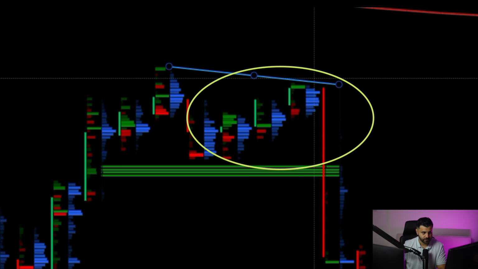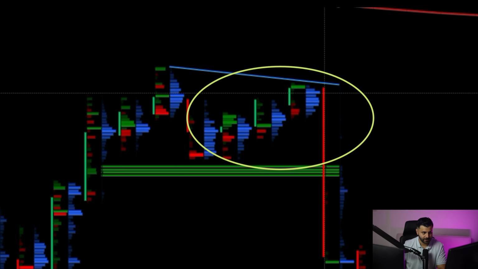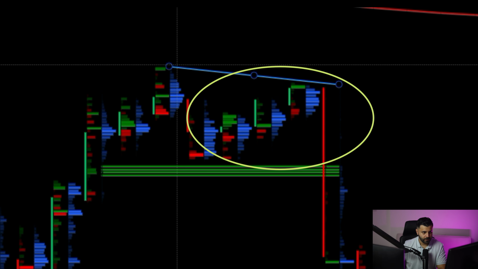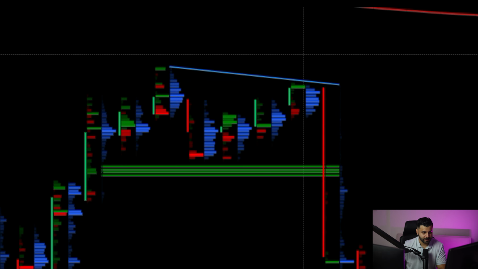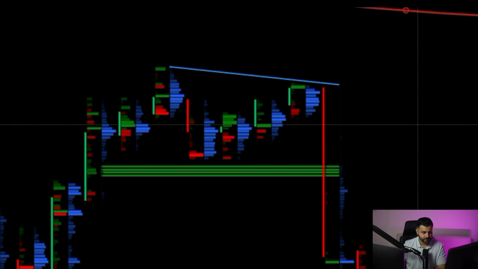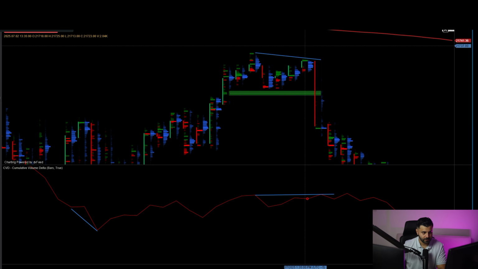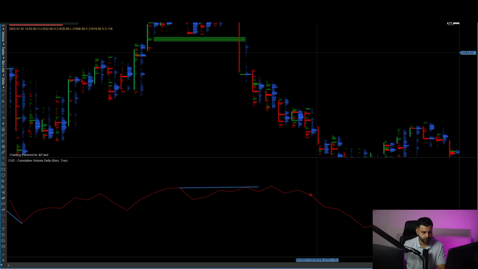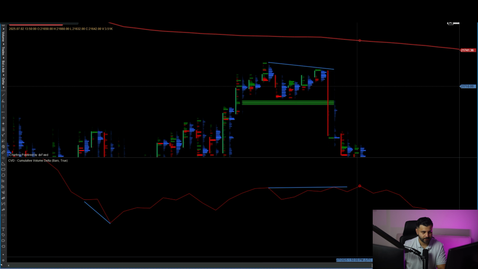You can see all this positive delta here, all these green bars, really aggressive, but the price is failing to move higher. That means there is a big seller absorbing all this, and then we get a massive flush, right? Massive flush. I didn't take this, but that is an example of a potential short setup, how we use absorption to identify a potential short setup on CVD.